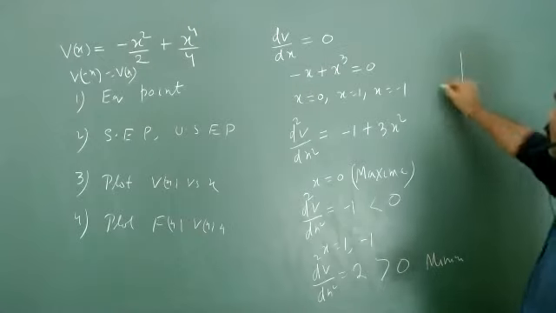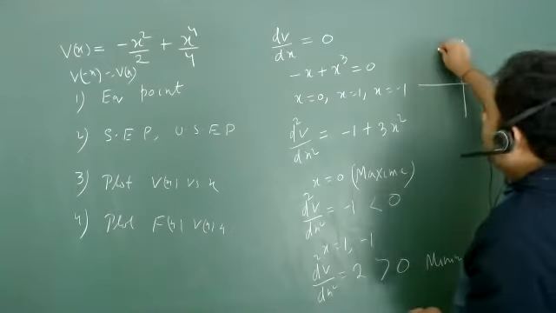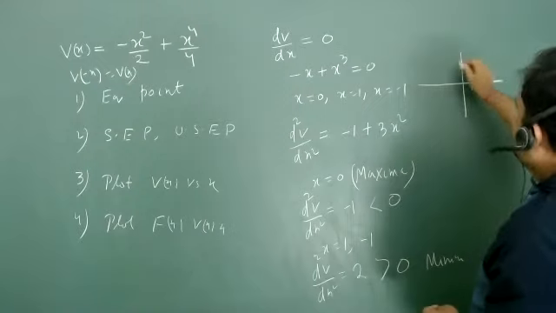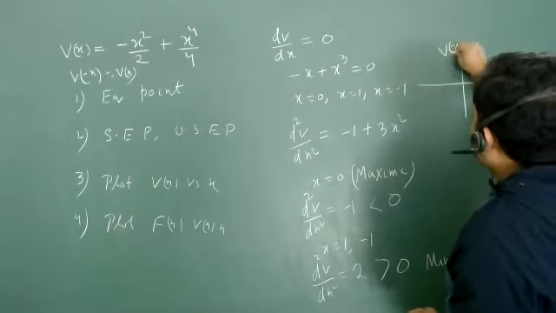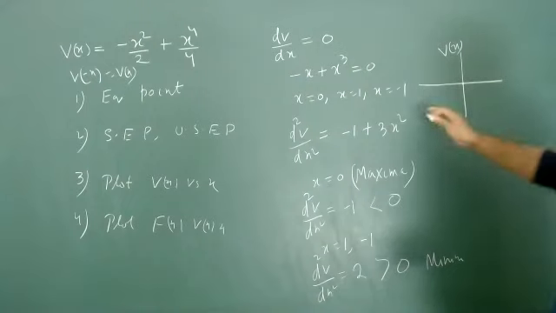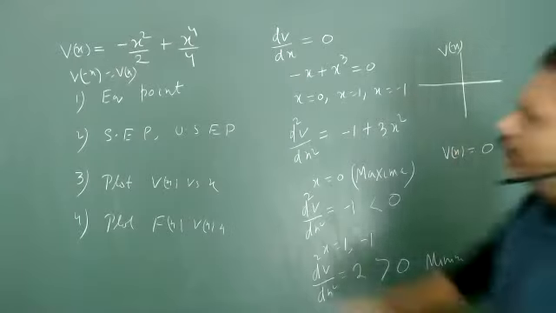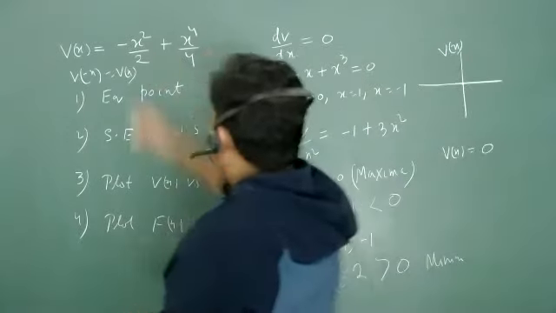Now we can plot this potential. I think this is visible to everyone? Okay, good. So let us try to plot this potential Vx. For plotting this potential, we need more information, isn't it? So where is my potential going to 0? The potential is 0 when this function is equal to 0.